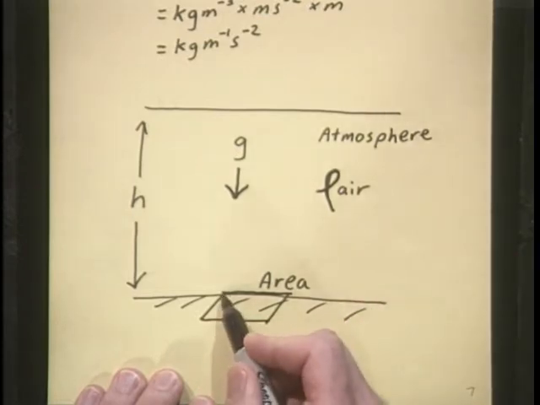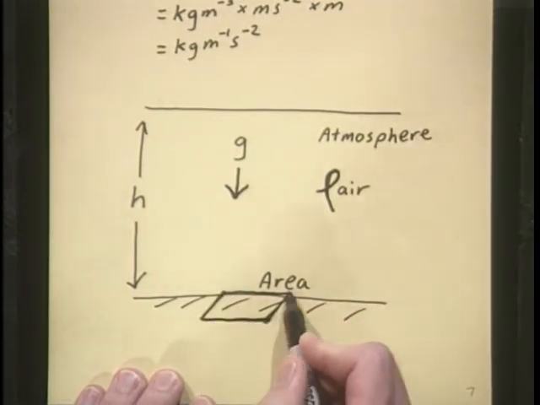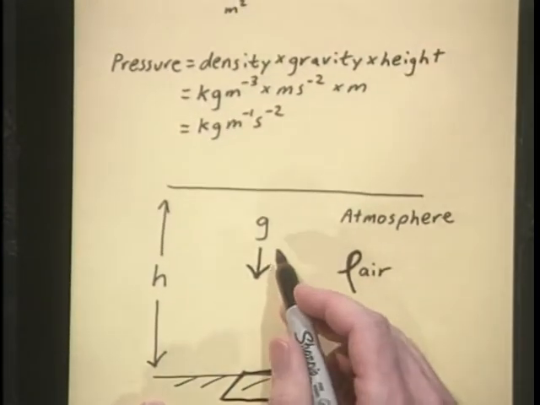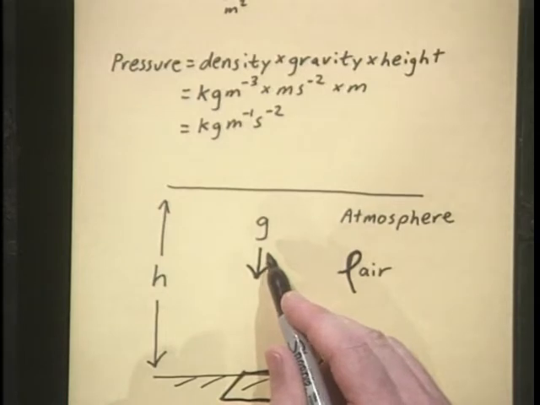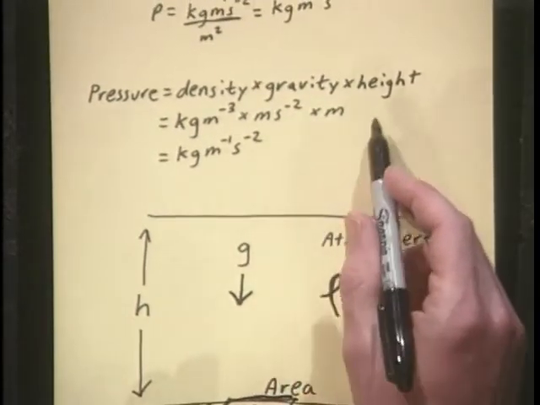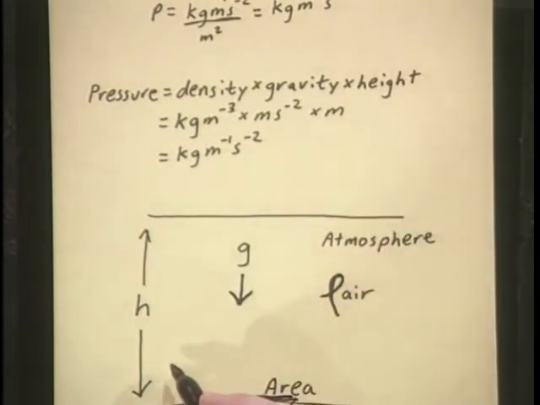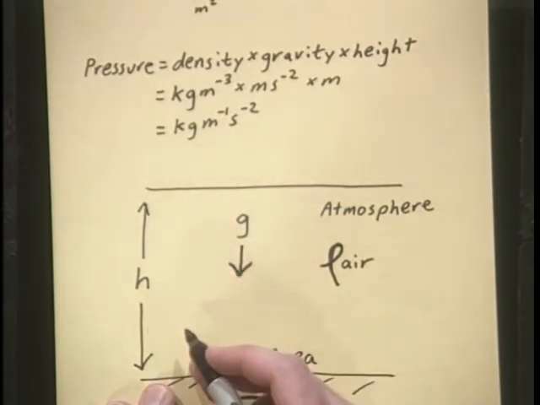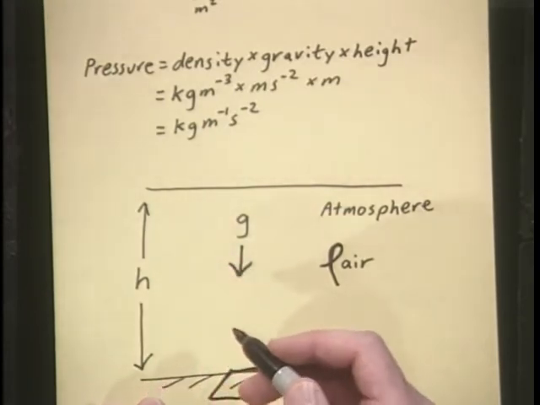And then there's the amount of pressure that's distributed over the area. Since gravity is a constant, the pressure is going to be a function of the height. So the greater you make this depth, which we can also call thickness, the greater our pressure is going to be.